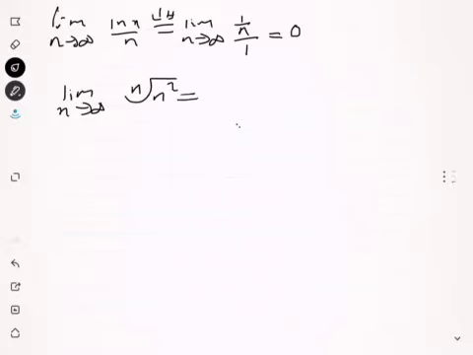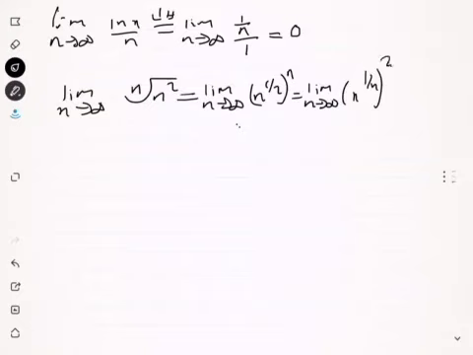Well, this is the same as the limit as n approaches infinity of n raised to the 1/2 power and then raised to the n power, and this is the same as the limit of n to the 1 over n squared, and this is just equal to 1 squared equals 1, because the limit of n raised to the 1 over n is equal to 1.